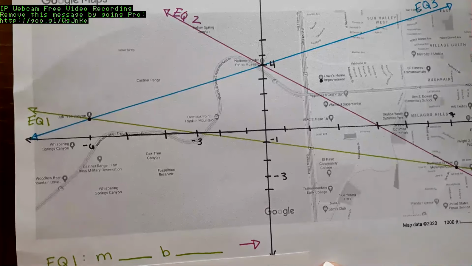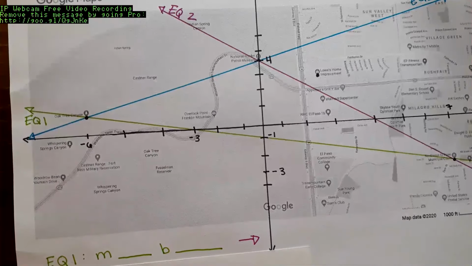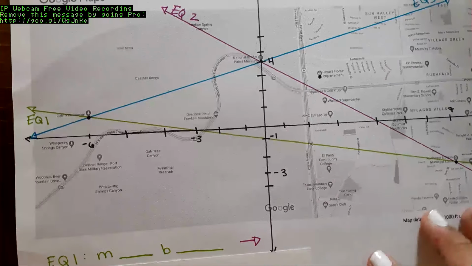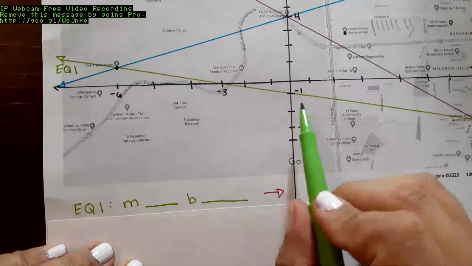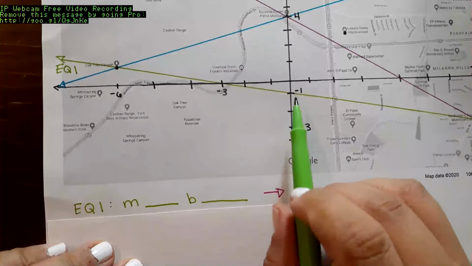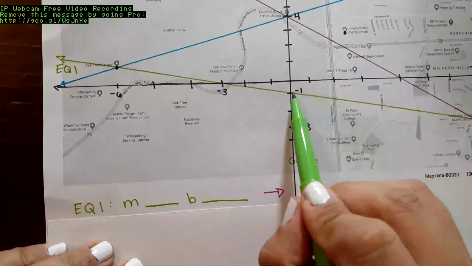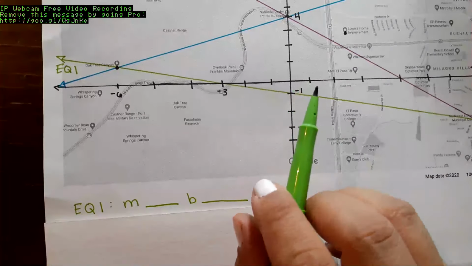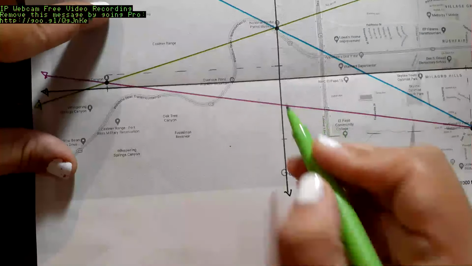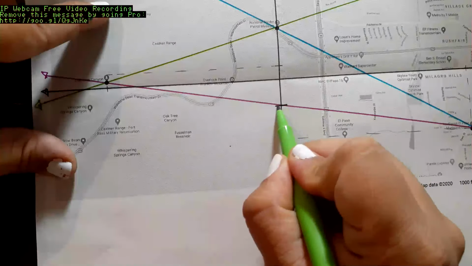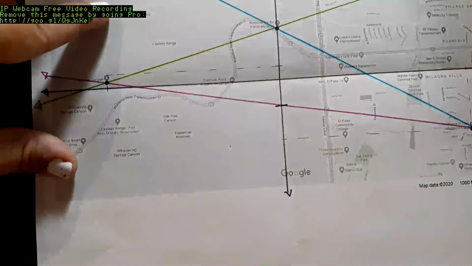For my first equation, I'm going to find my slope and my y-intercept. See, this is why I did my markers. When I drew my line, I made sure to make this line one of them.